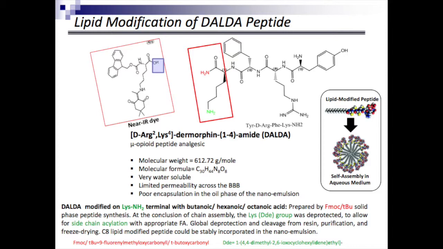We modified that epsilon amino group with C2 up to C8 lipid tails. In that way, we could see whether these lipid-modified DALDA were soluble in oil, and we could make the emulsion. We found that the C8 modified was able to dissolve very well in the oil phase of the emulsion, and also retained the bioactivity as an analgesic peptide.